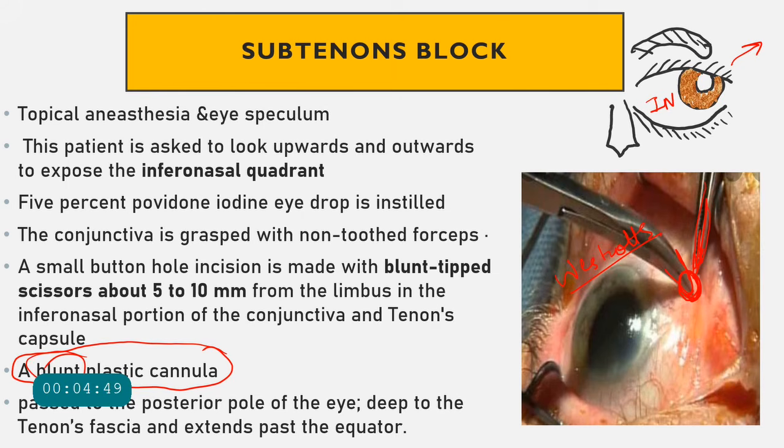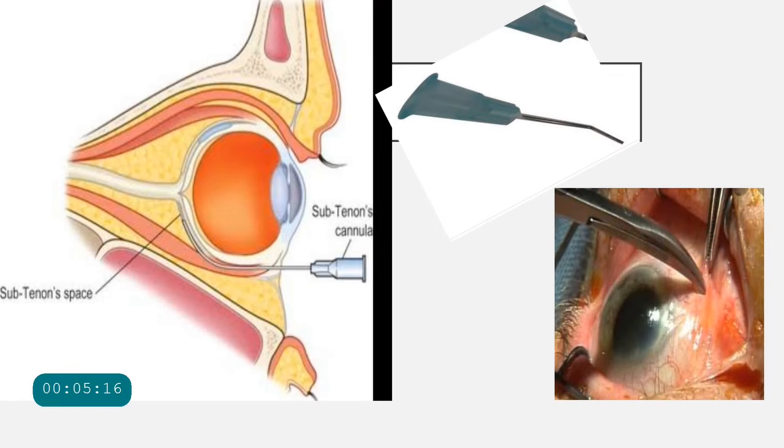You're not using any needles like we used in the peribulbar and retrobulbar blocks, and that is the reason why the subtenon block is very safe, with very low risk of perforation of the globe. You introduce this cannula up to the posterior part of the eyeball, go past the equator of the eyeball, and inject the local anesthetic deep to the Tenons fascia.